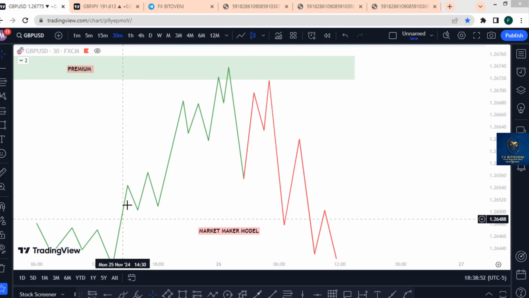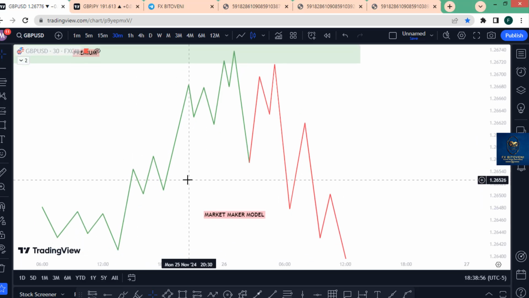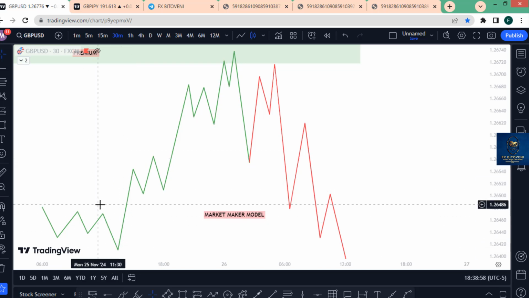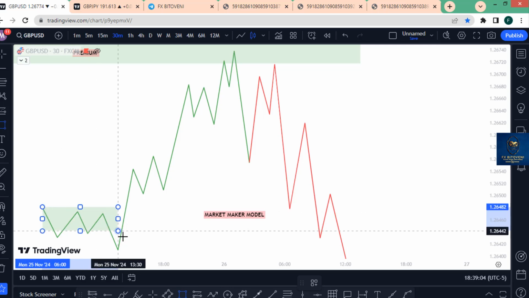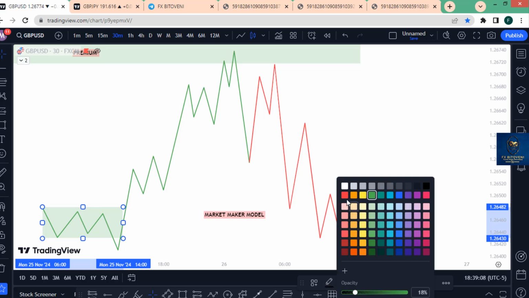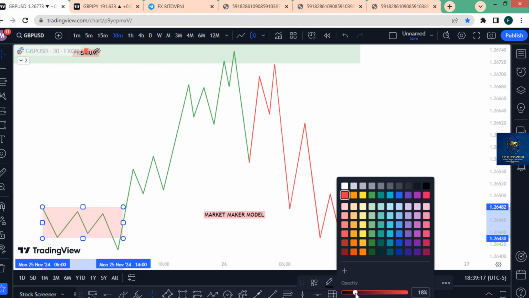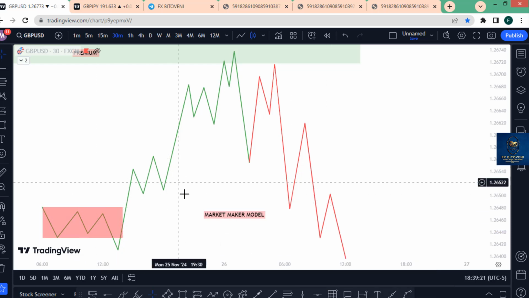Once the pullback is created, from the beginning of the pullback there will be a certain consolidation that forms, which is this zone, the beginning of the pullback into your premium zone.